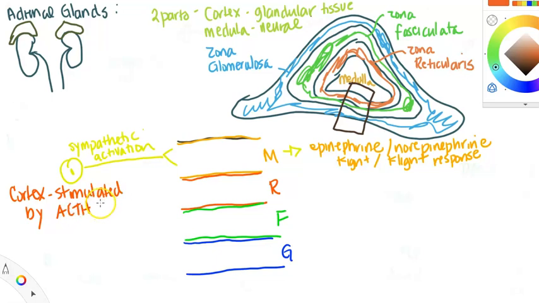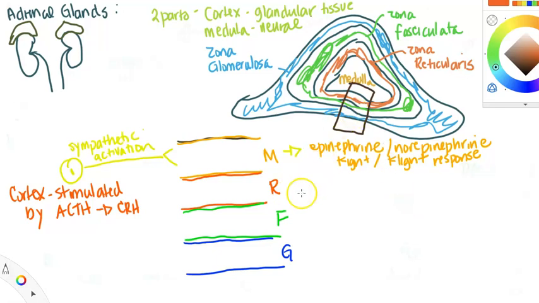ACTH comes from the pituitary, and it is stimulated by CRH. So the hypothalamus secretes CRH, which is the releasing hormone, to the anterior pituitary, which will cause the release of ACTH. That will target the cortex.